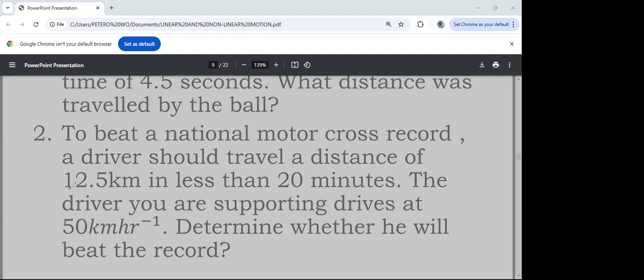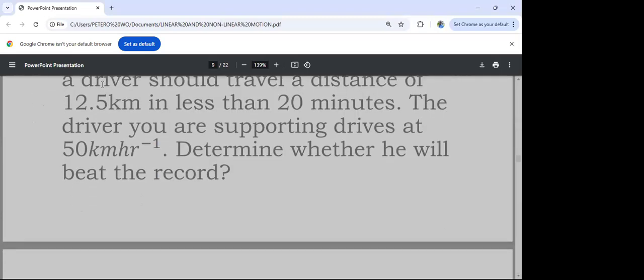Following the steps that Reina has given us, she has told us that the first thing that we are going to do so that we can get the answer is to find the time that this driver will use to cover 12.5 kilometers at a speed of 50 kilometers per hour.